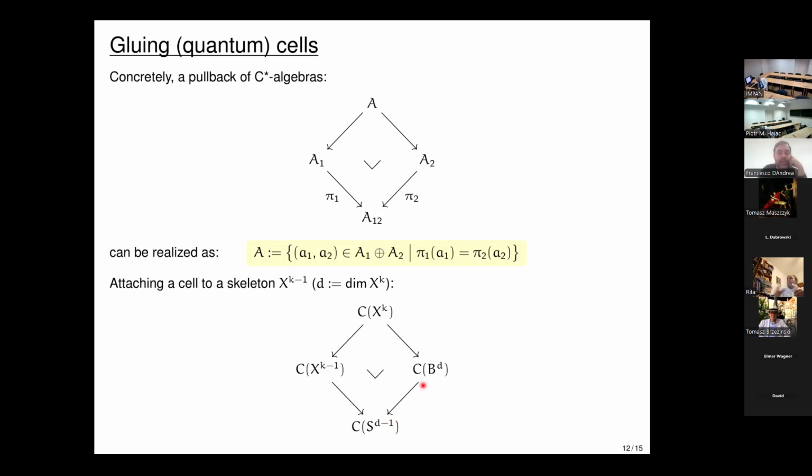One arrow here is the restriction of functions on the ball to its boundary sphere. B^d is a closed ball here. So this is what it means attaching one cell.